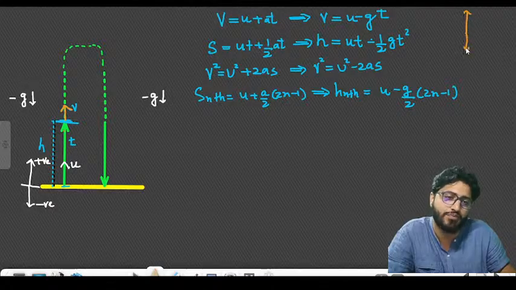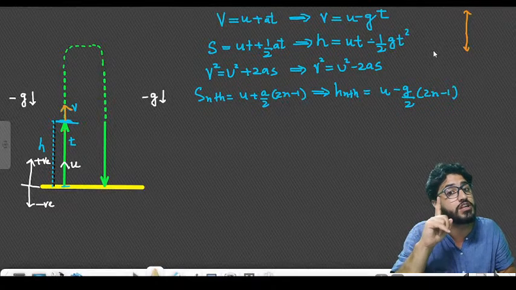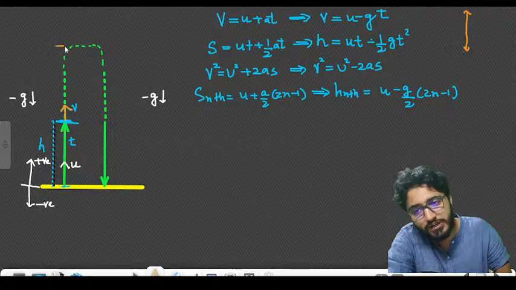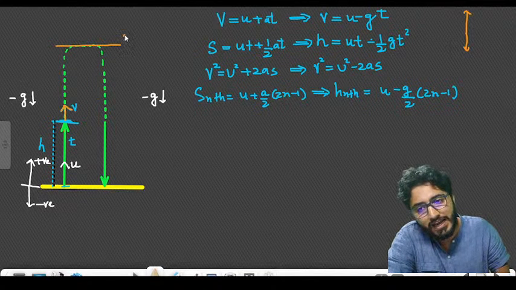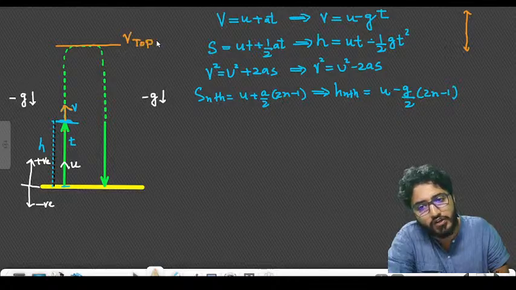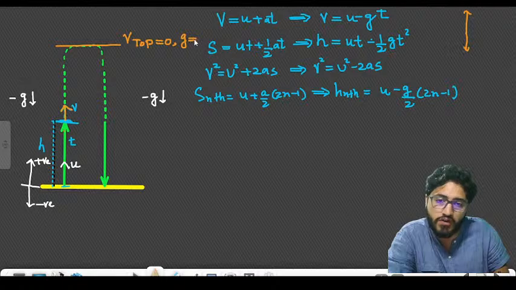So there will be a point where my velocity becomes 0. This is my topmost point. The velocity or speed of my particle at the topmost point will be 0, but g is not equal to 0.